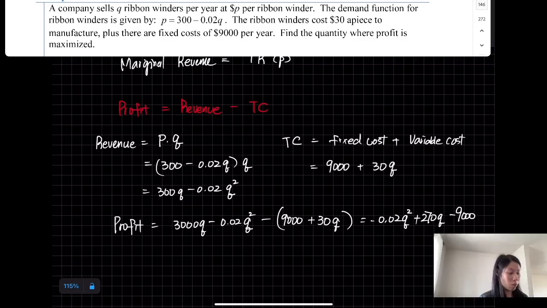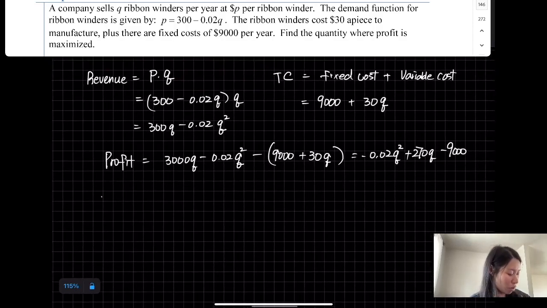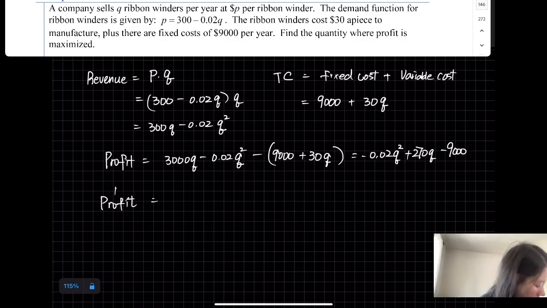Okay, so they want you to find the maximized profit. That means we can use our first derivative to find the critical points. The first derivative of the profit is equal to negative 0.04 times Q plus 270.